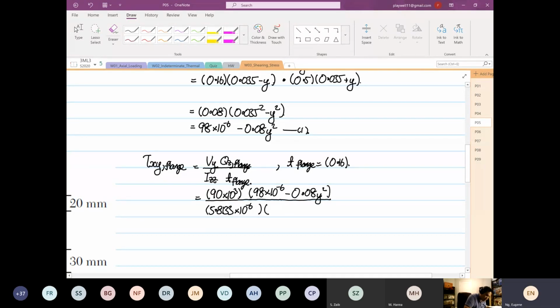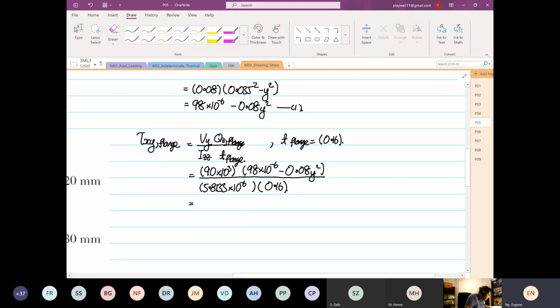The thickness over here is equal to 0.16. When you add everything up, this will come out to be 9.48326 times 10 to the power 6 minus 7.7409 times 10 to the power 9 y squared. So this is your first answer on the shear stress distribution.